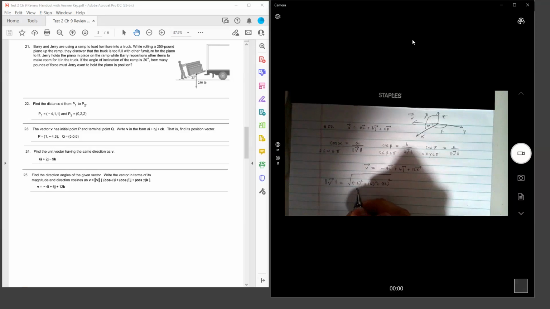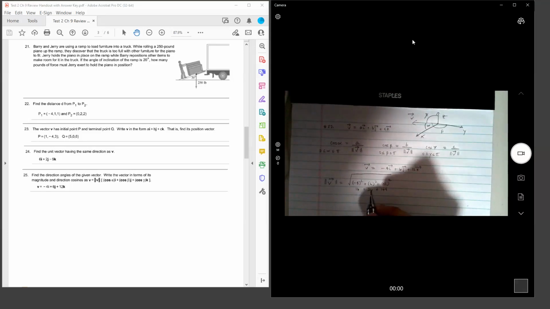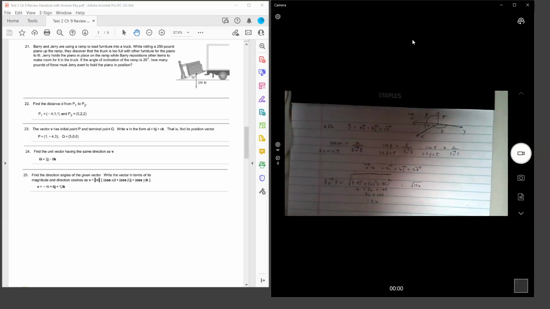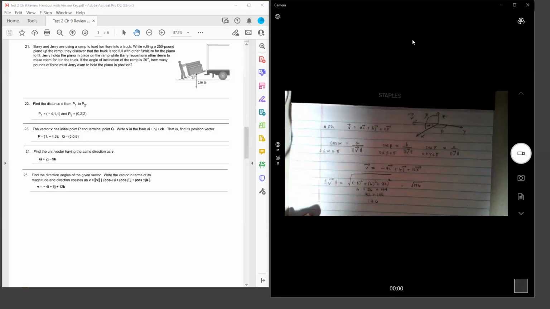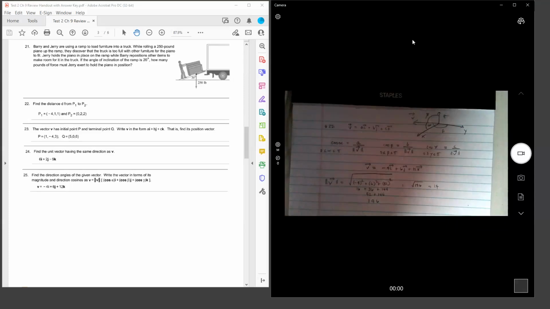This would be 16 plus 36 plus 144. 16 plus 36 will be 52 plus 144. And this is equal to 196. The square root of 196, I'm just going to double check, but I think this is equal to 14. Bam, beautiful. 14.